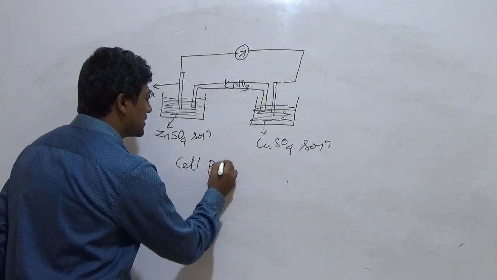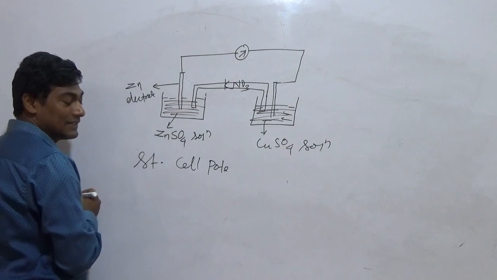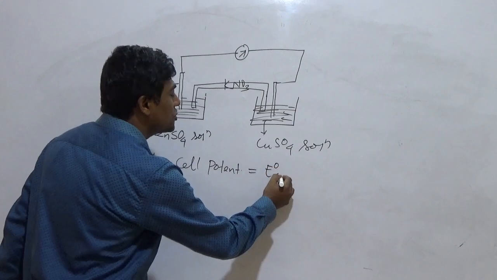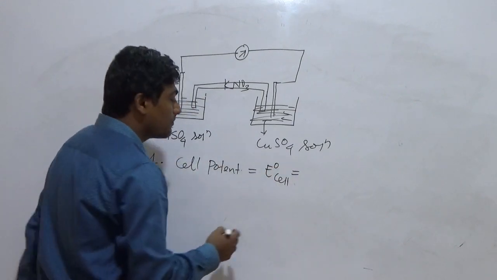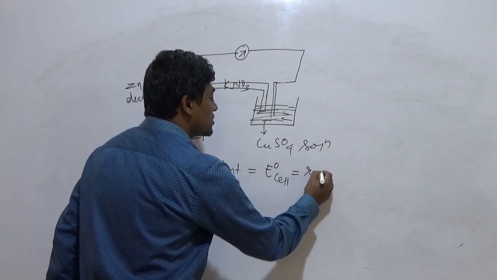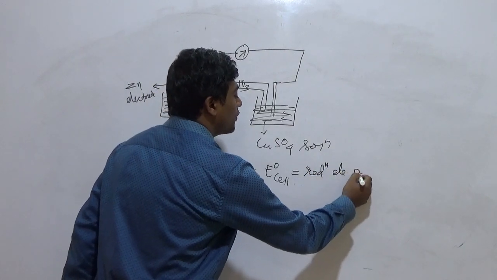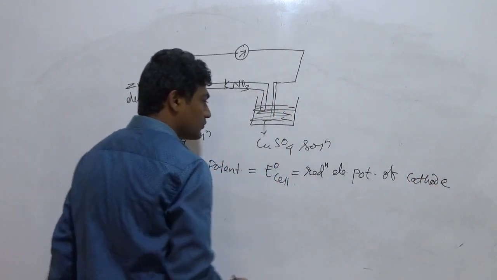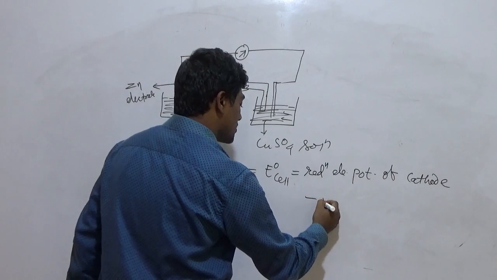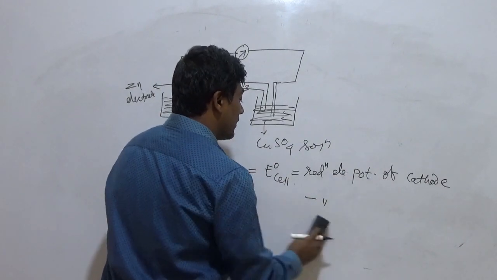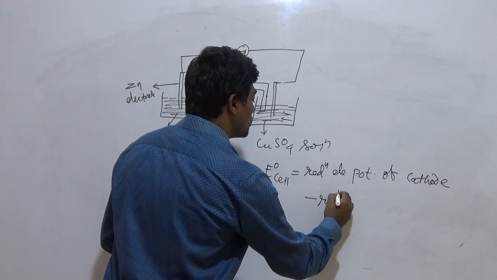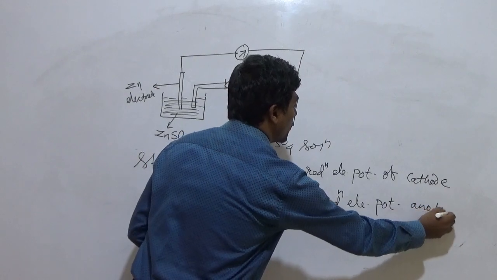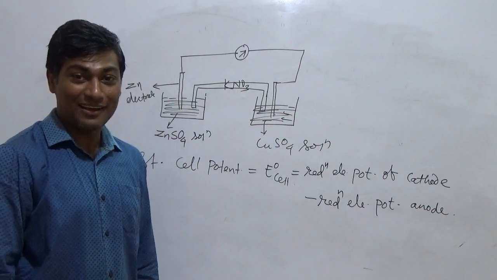The standard cell potential, E0 cell, is equal to the reduction electrode potential of cathode minus the reduction electrode potential of anode.